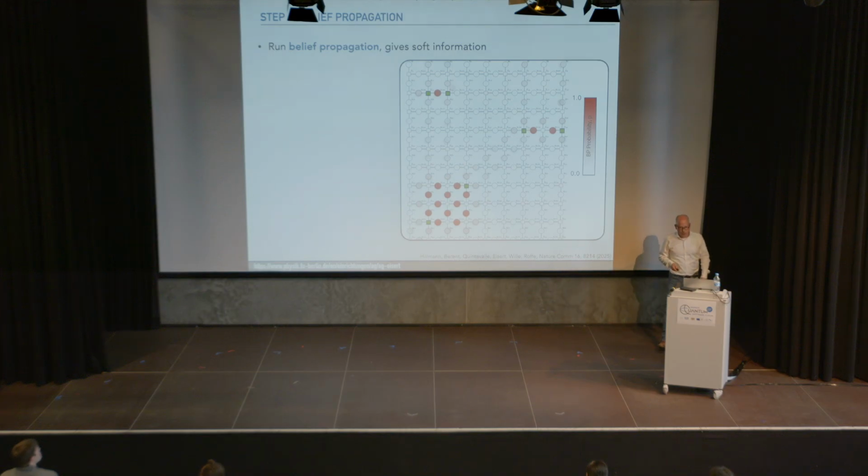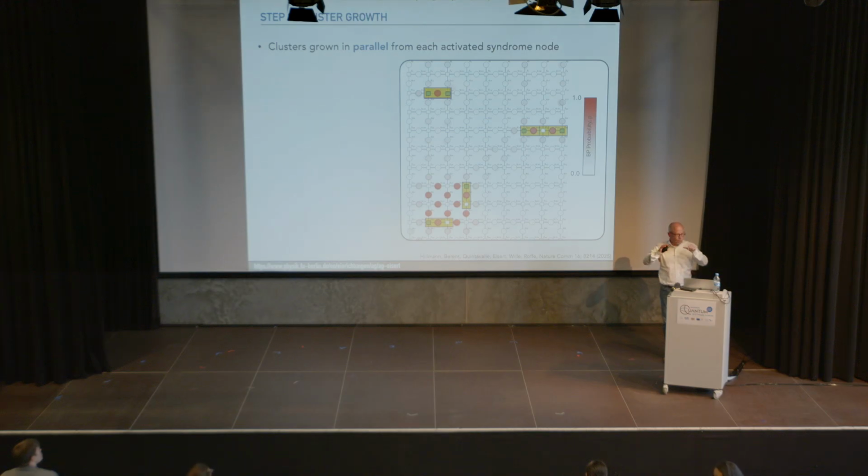And then you start growing clusters. You do that in parallel, you grow them from each activated syndrome node that you have, bit by bit, expanding one bit at a time.